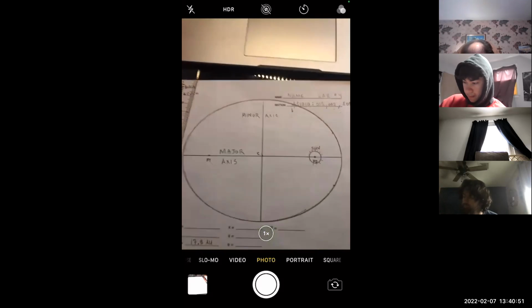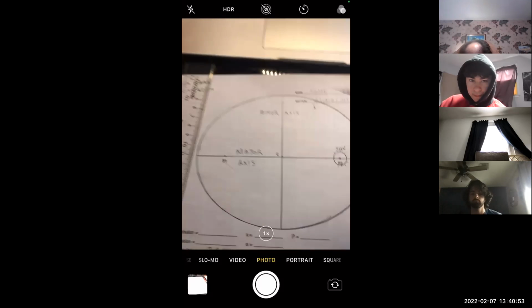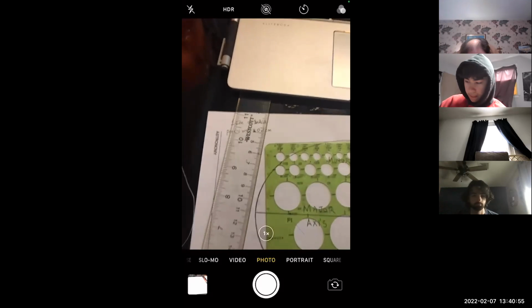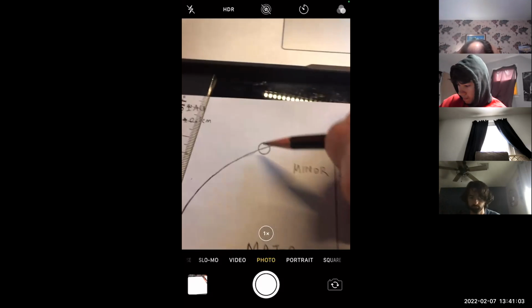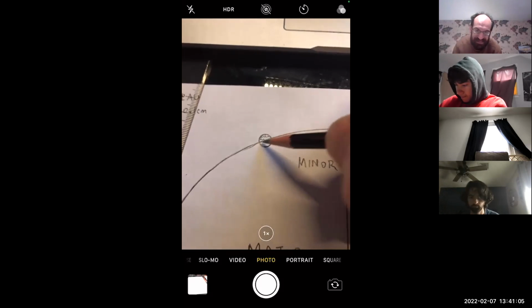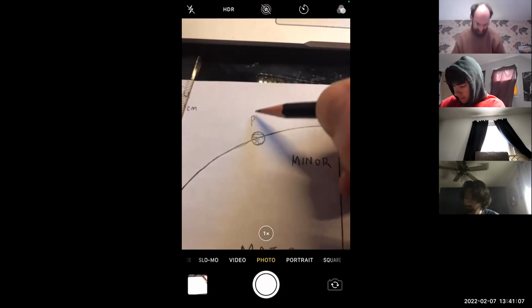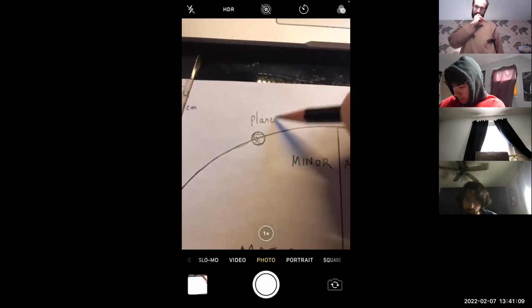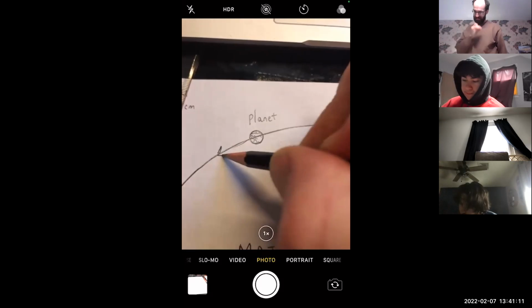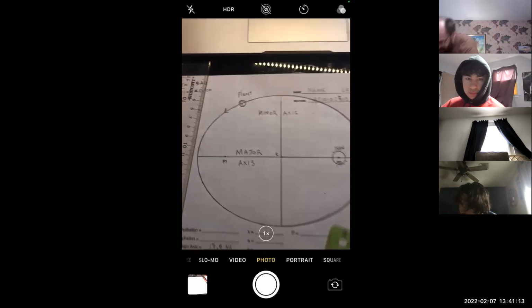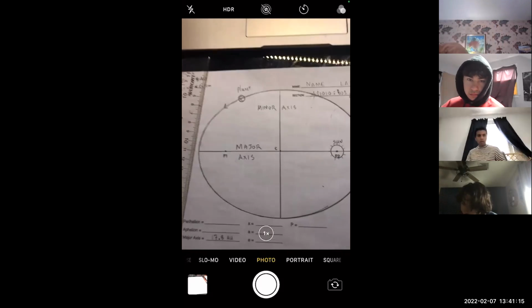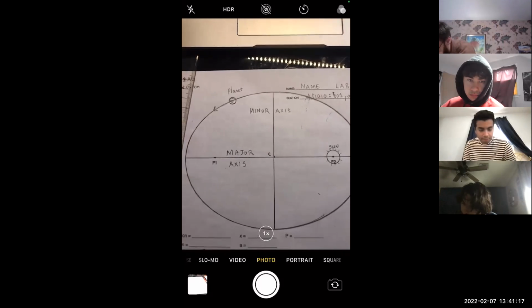Now, if the sun is at the focus point, the planet is on the ellipse. So I'm going to go to some random part of the ellipse and put a little planet like Jupiter on it. I'll label that as planet. And I'll demonstrate that the planet is orbiting counterclockwise around the sun as seen from north.